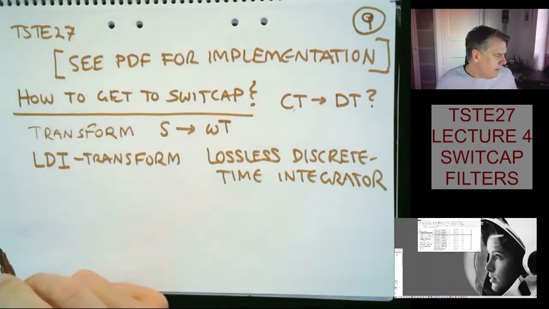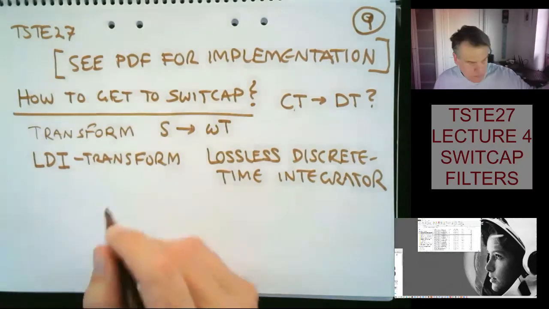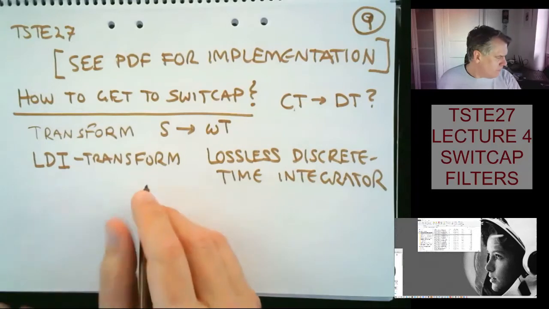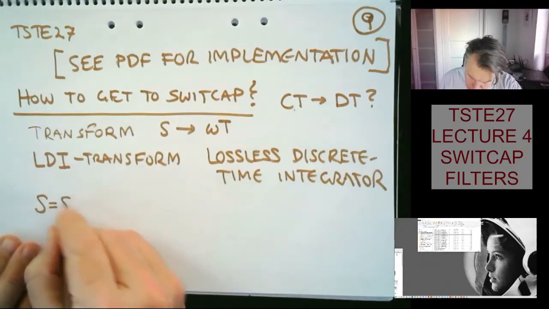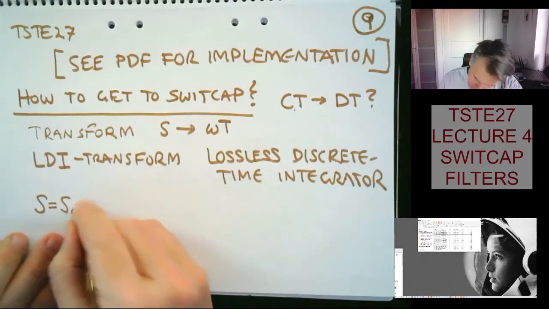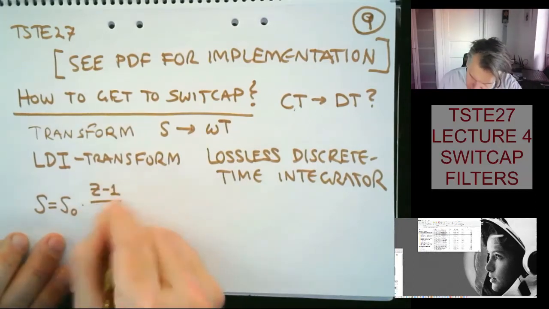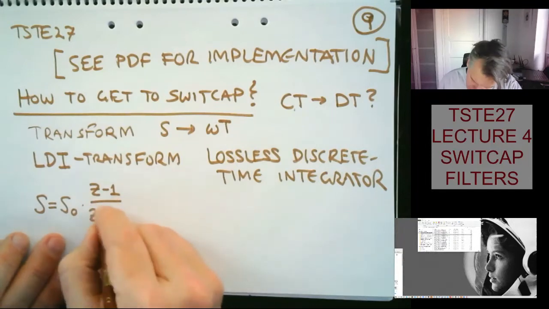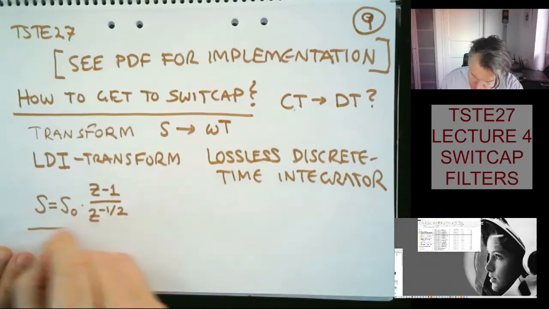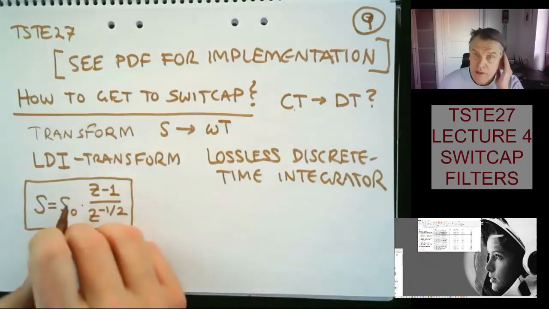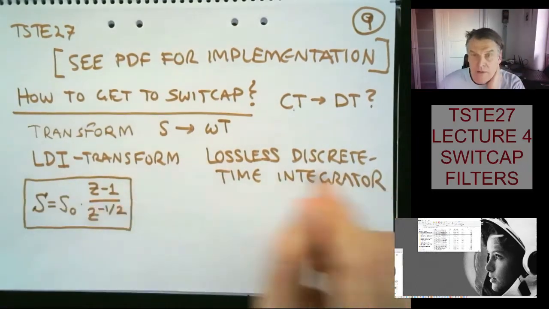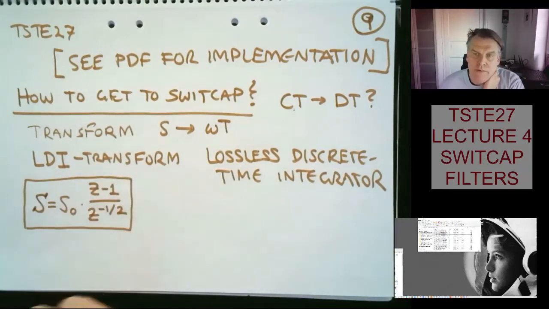And that gives us a relationship between the two frequency domains in the following manner. So S equal to S naught times Z minus 1 divided by Z to the minus half. So I'm going to replace all my S's here with this expression.